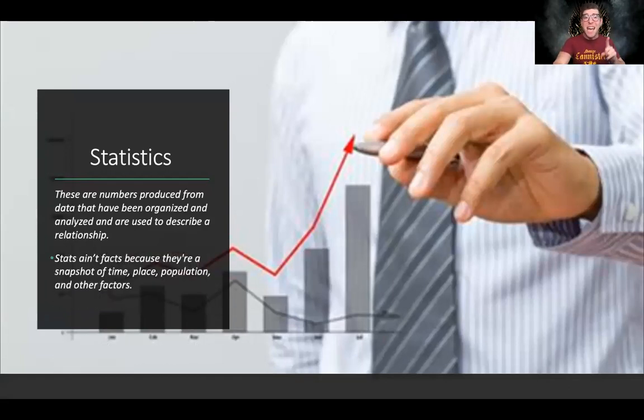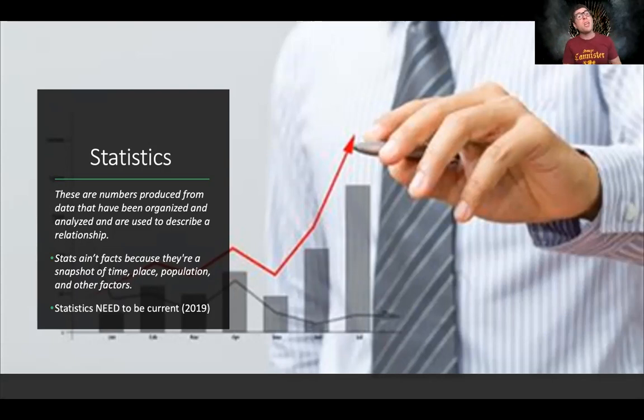So stats ain't facts because statistics are a snapshot of time, of place, of population, and of other factors. Okay, that statistic for Facebook was taken in 2018. So if I say 68% of the US population has a Facebook, I'm not true anymore because it's 2020. That number has either gone up or down.